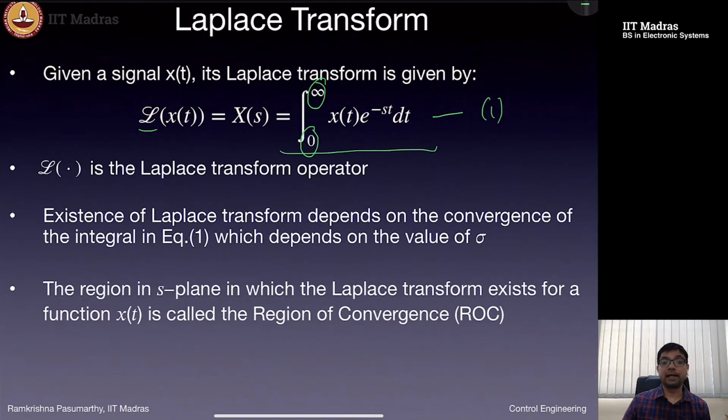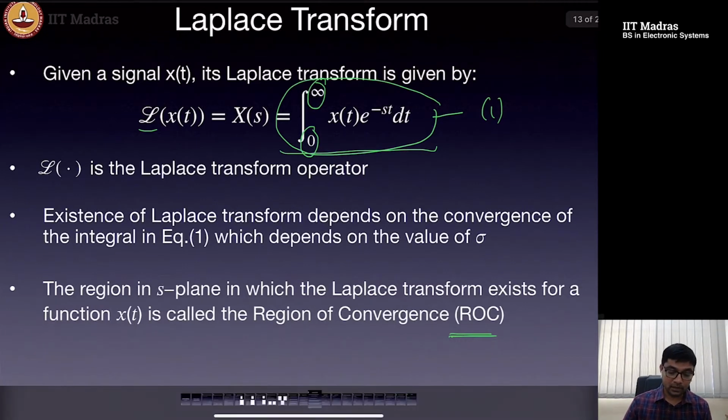And the region in the S-plane in which the Laplace transform exists for a function is called the region of convergence. Okay, if you are not understanding much, all we have to see is that this value is finite, or it just does not blow up, because an integral is essentially the area under a curve, and that area should be well defined.